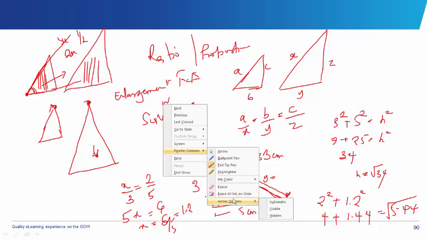Now our scaling factor does not stop at triangles. We could have cuboids. This is a cylinder that has been scaled from this side up to this side, or reduced to this point. So we also have our scaling, our enlargement factor, or our scale factor, still applying to both.